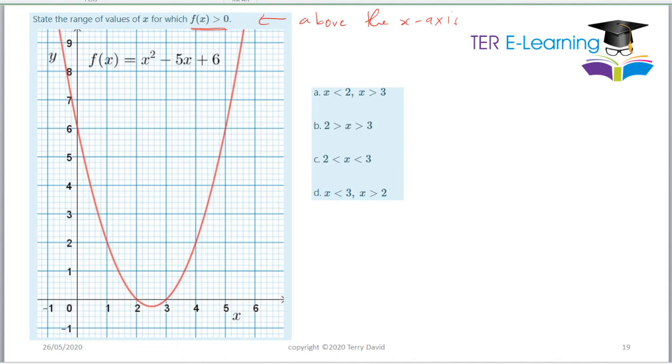Alright, so I see somebody saying B. Let me see what's going on here. Sharice is also saying B.